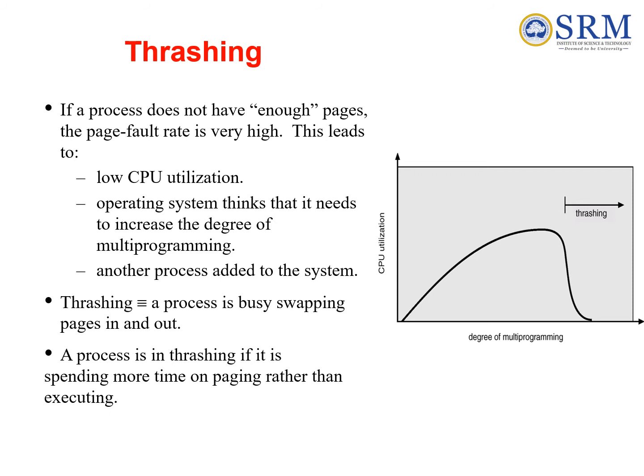If those frames are loaded, then those pages exist in the page table. Suppose the pages are missed, then there comes the page fault, right? If this page fault rate is very high, then I can say this is thrashing.